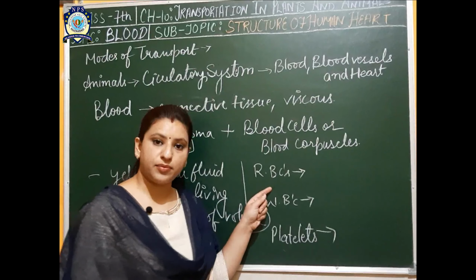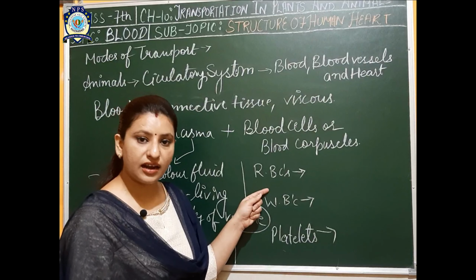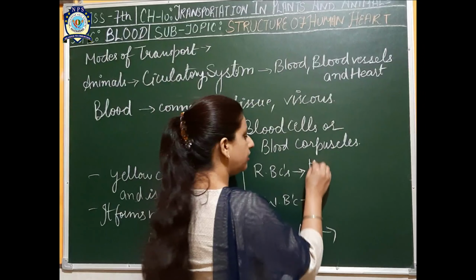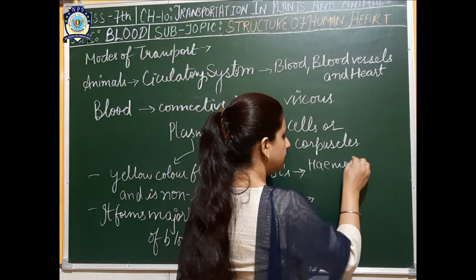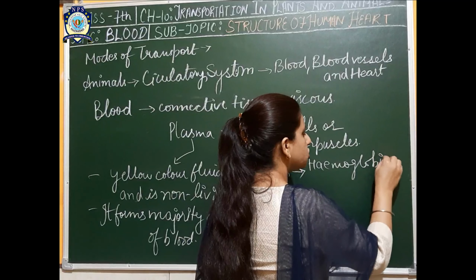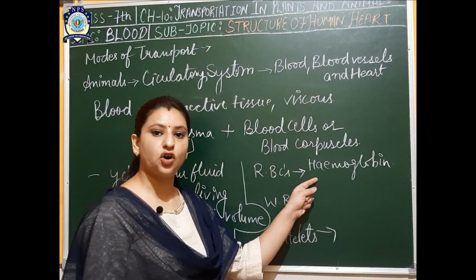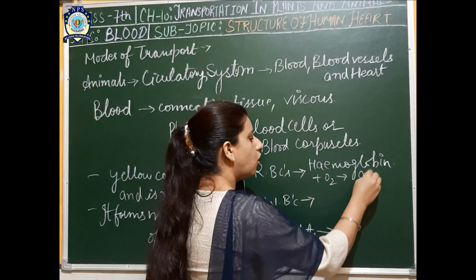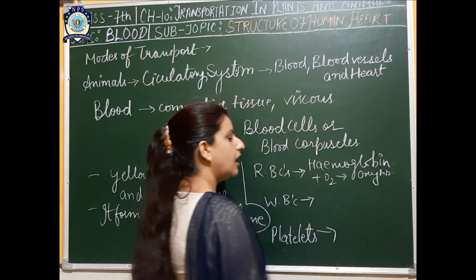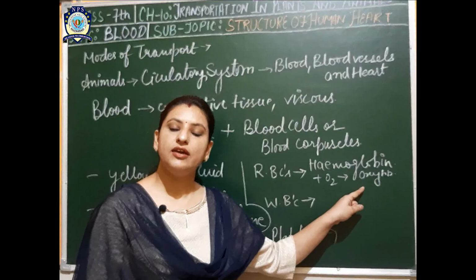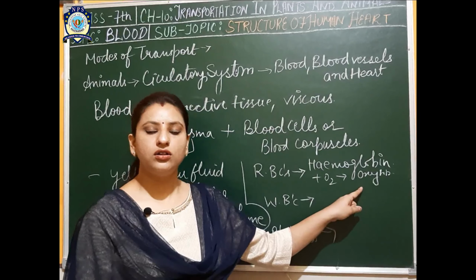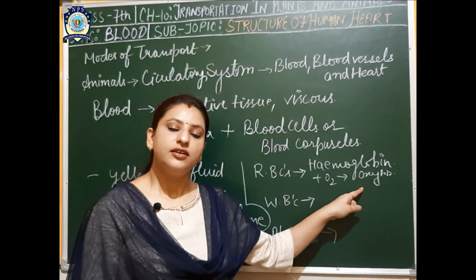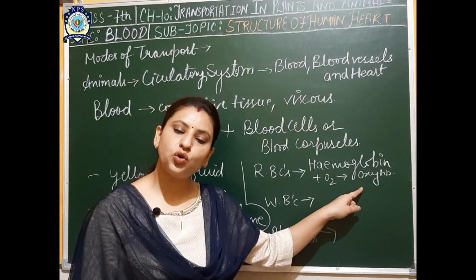RBCs are called red blood cells and they are red in color because of the respiratory pigment called hemoglobin. The main function of hemoglobin is to combine with oxygen, forming oxyhemoglobin, which travels to all the cells inside the body and provides oxygen to them.